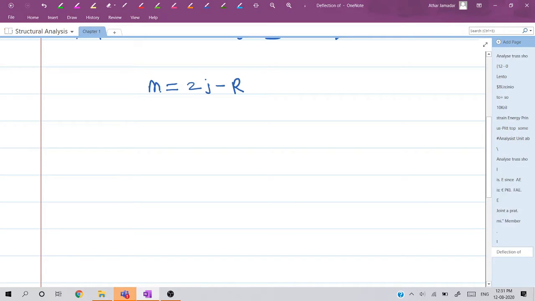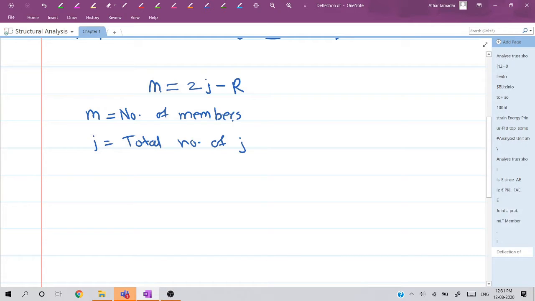Instead of 3, we will write r, where m is the number of members in the truss, j is the total number of joints, and r is the total number of reactions in the truss.